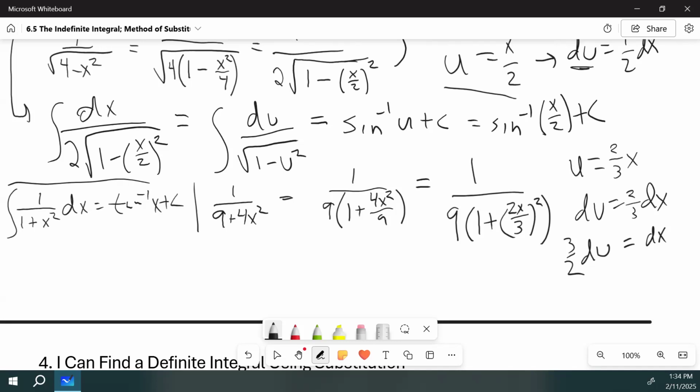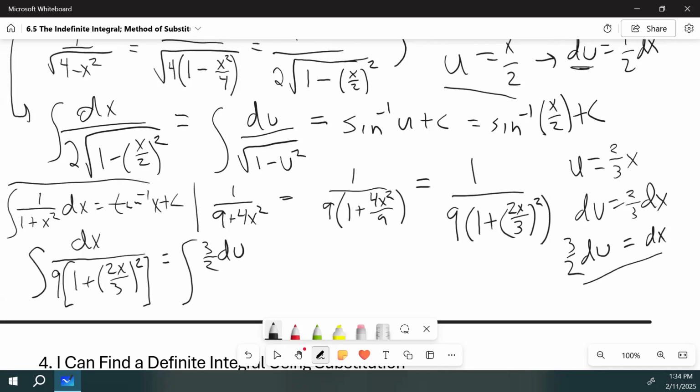So our integral becomes dx over 9 times the quantity 1 plus 2x over 3 squared. Now if I substitute the u, the dx is getting substituted with 3 halves du from right here, and the denominator is 9 times 1 plus u squared.